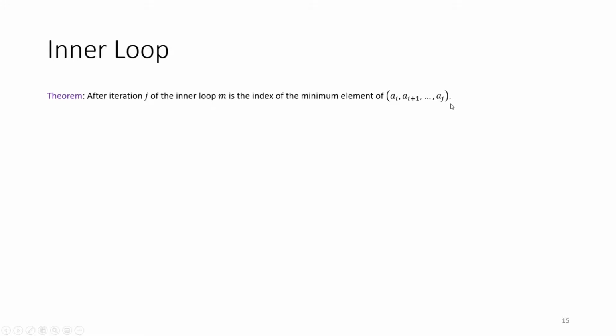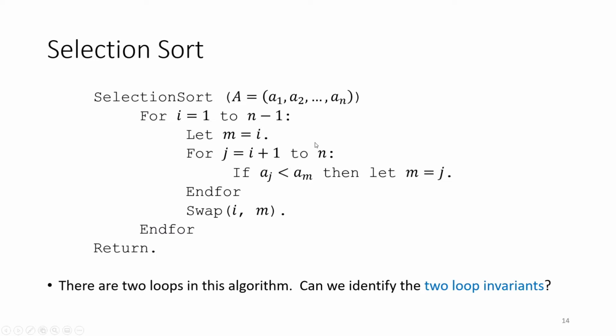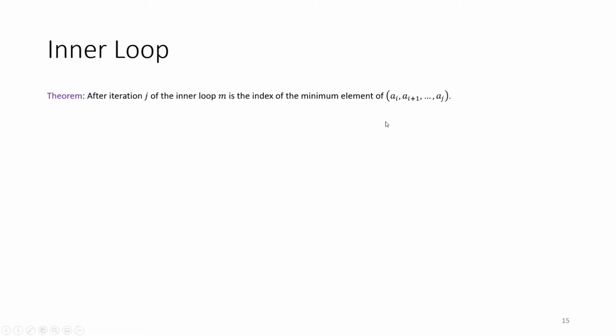The inner loop is keeping track of the minimum so far, not up to a sub n, but it will get to a sub n. We will eventually get there, and let's just verify that that's the last point in our trip. So after the whole loop is done, we might have something stronger to say than just this region, but after iteration j of the inner loop, this is what we've found the minimum of so far.